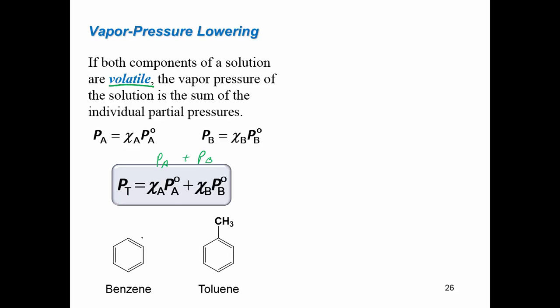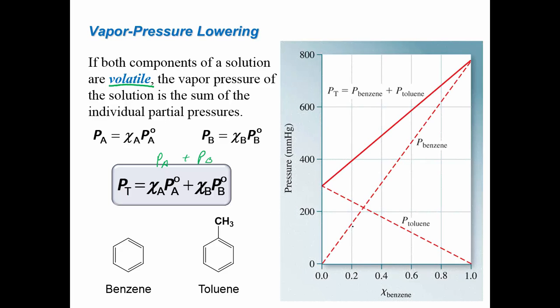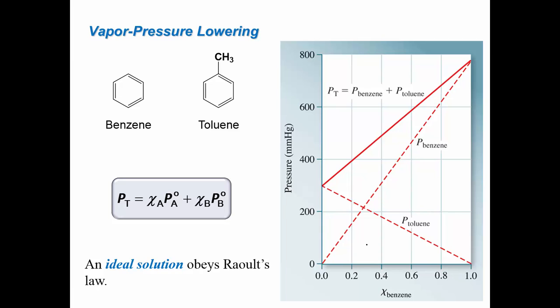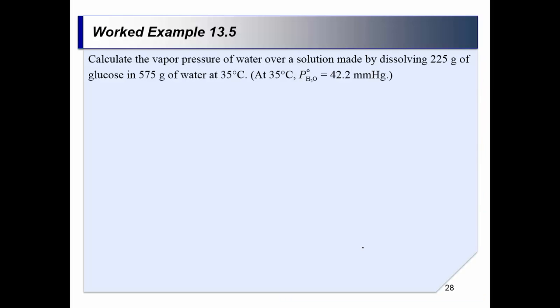If we have benzene and toluene, here is our mole fraction of benzene, and here's the pressure. Here's the total pressure, and you can see how the total pressure is an addition of both of these lines. Now, an ideal solution will obey Raoult's law.